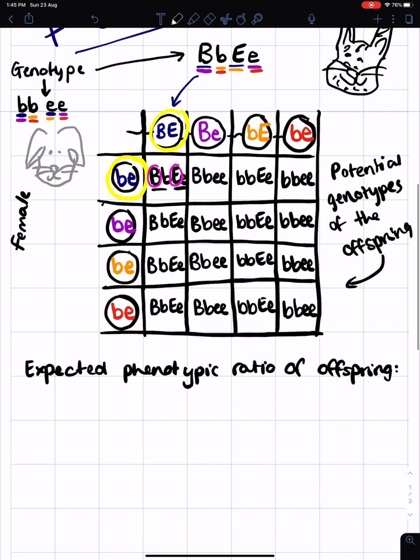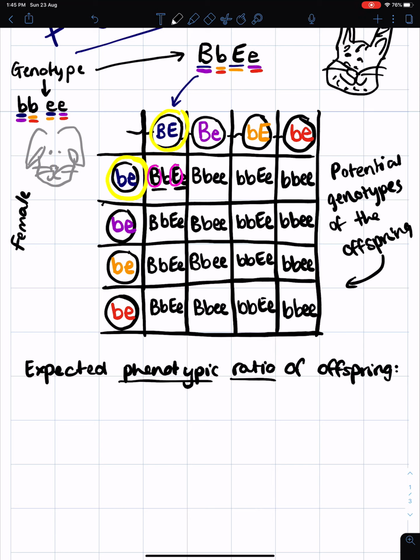You will never be asked to tell the expected genotypic ratio, because there are so many different combinations, so don't even worry about that. You will have to give the expected phenotypic ratio. So what's the physical expression going to be of those genotypes?